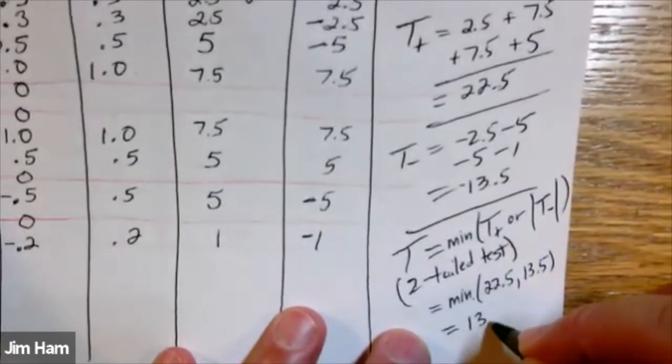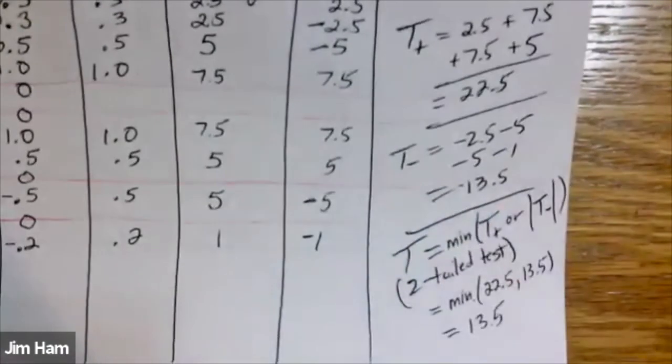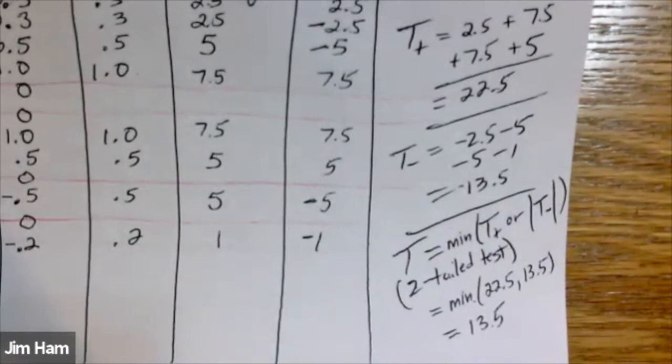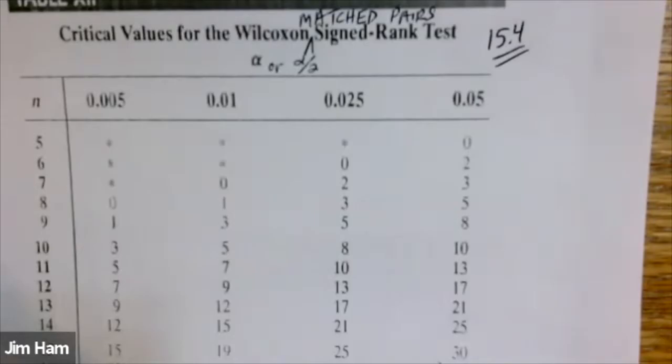And the smallest of those two numbers is 13.5. So our test statistic is 13.5. Anybody have the critical value? Anybody want to commit to a critical value here? I think I've got some. Looks like you're selecting 5 again.